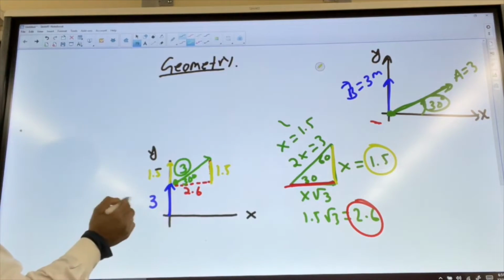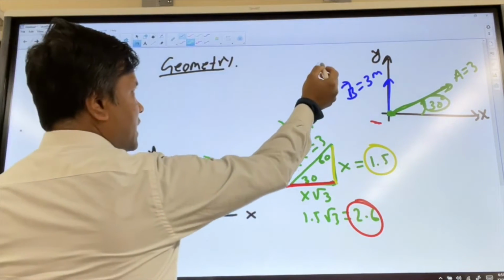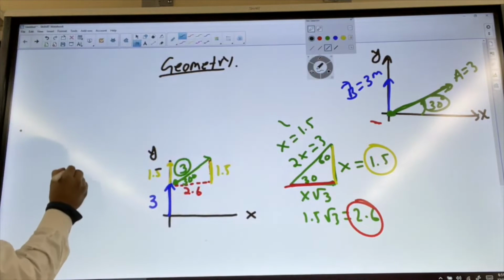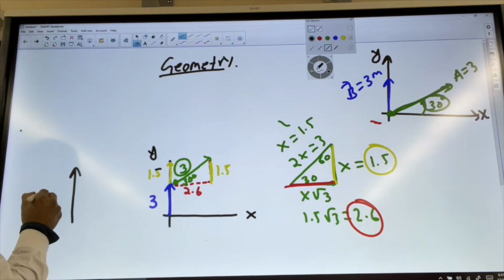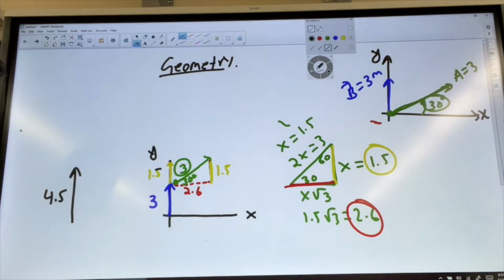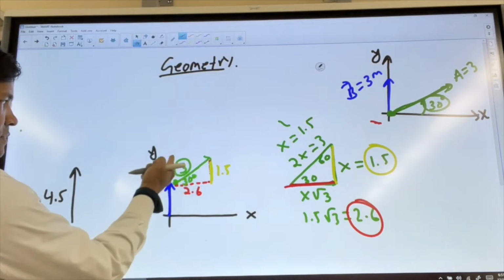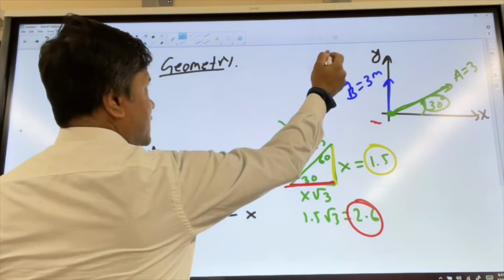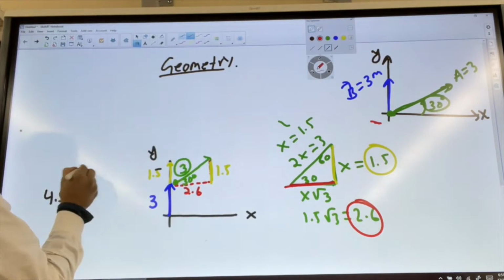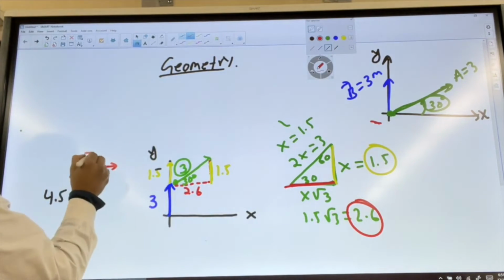This yellow and the blue are in the same direction, so I can combine them like this and call it 4.5. This red I can move up and draw like that. So this is the red, I know 2.6.